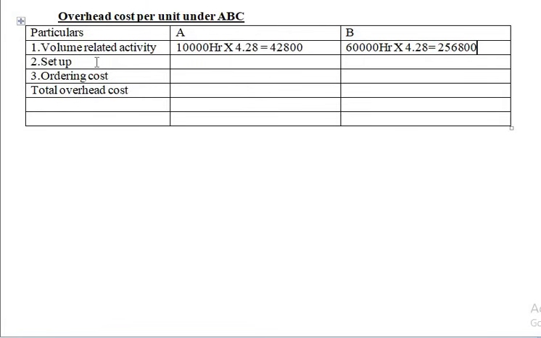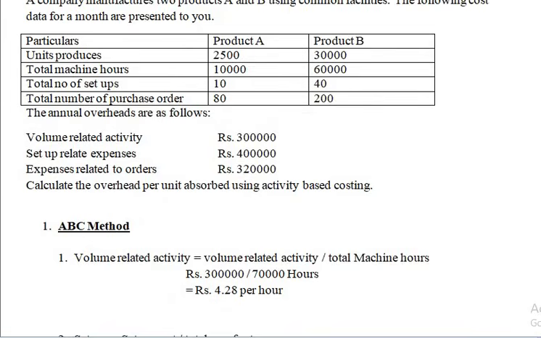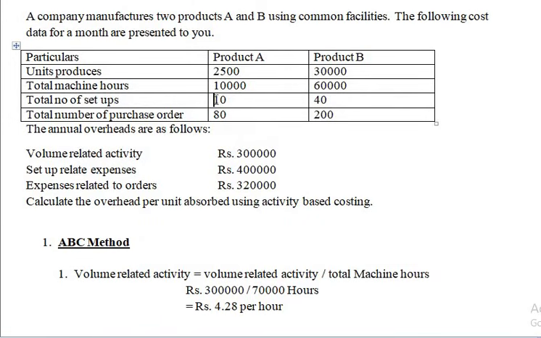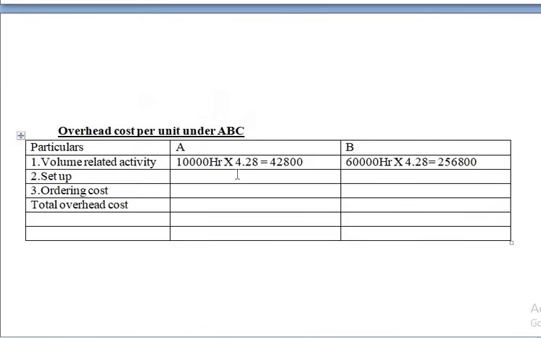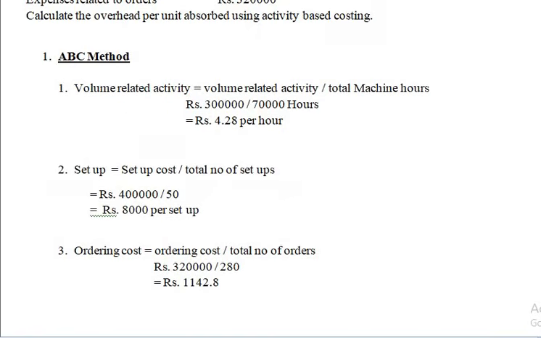Now come to the second activity, setup cost. So setup cost is based on the number of setups. So in the problem, for product A 10 setups, for product B 40 setups. So multiplied by the cost per setup.